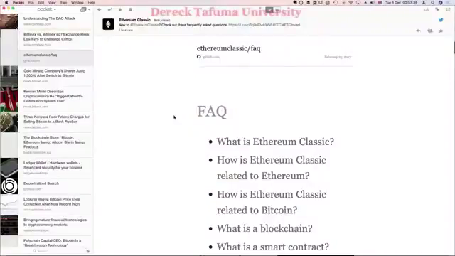The old language of money is fiat currencies, and a lot of problems are taking place with fiat currencies.